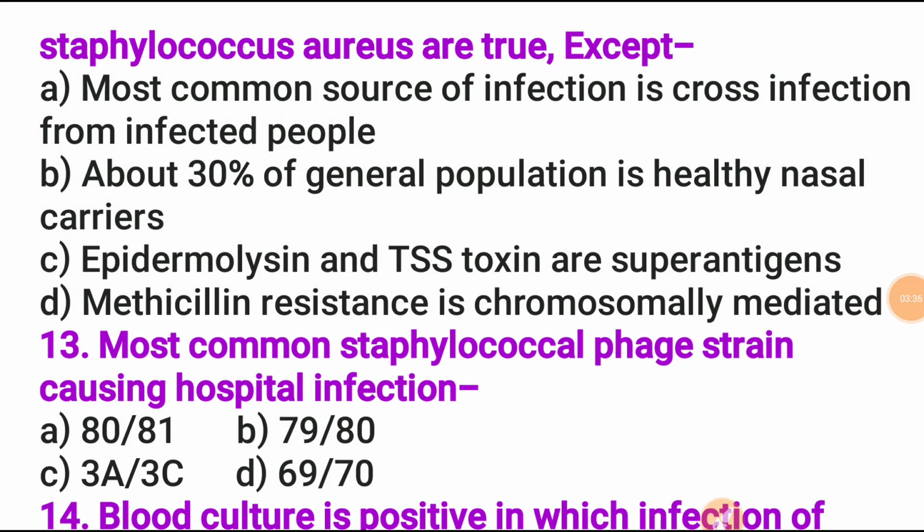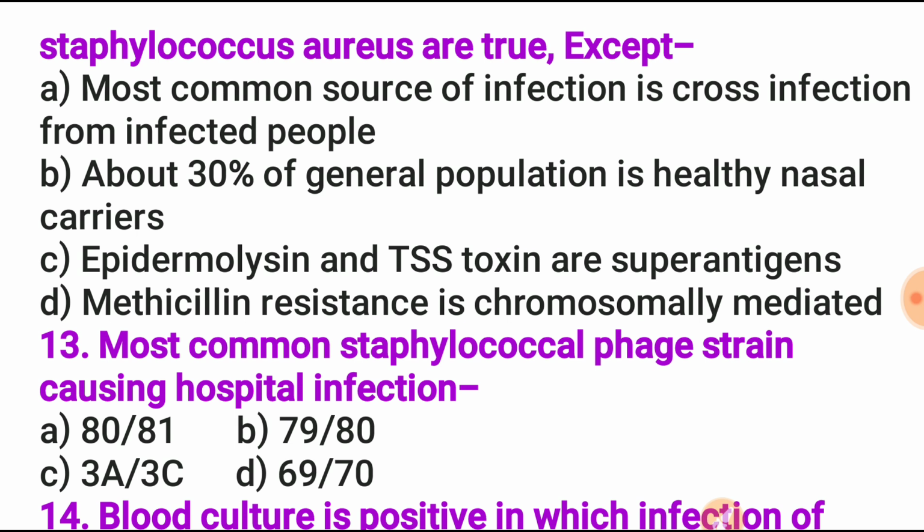The most common source of infection of Staph aureus is endogenous infection from the individual's own colonizing strain, and the most common route of infection is skin.